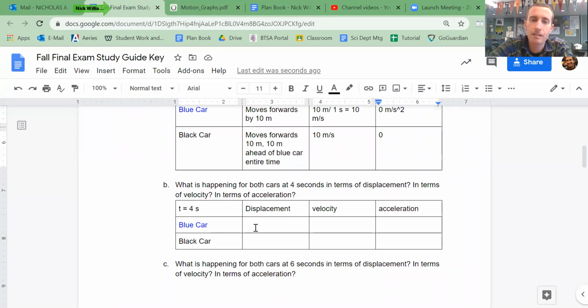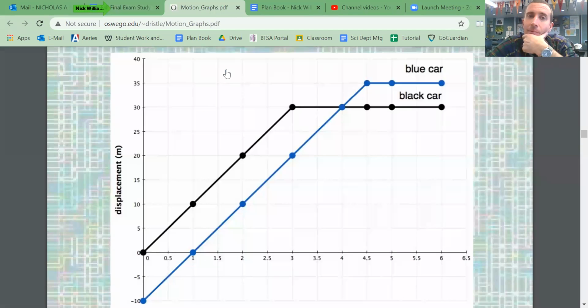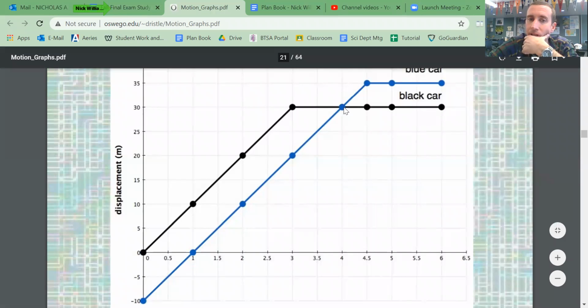So for displacement, both cars are at 30 meters. For the velocity, now I'm looking at the slope. Right at 4 seconds, the black car is flat. It's 30 at 3, it's 30 at 4, it's 30 at 5.